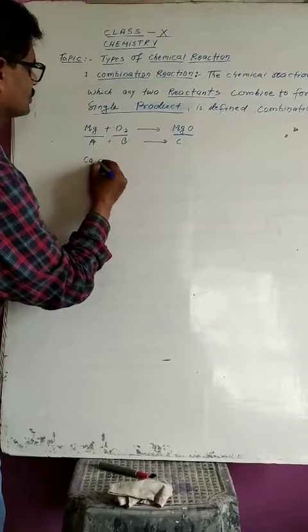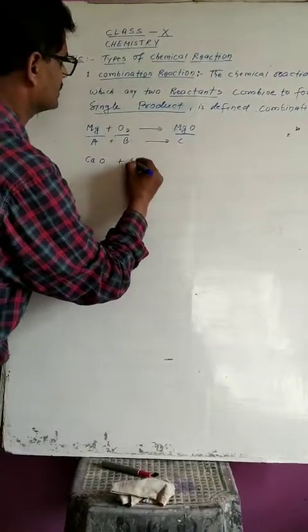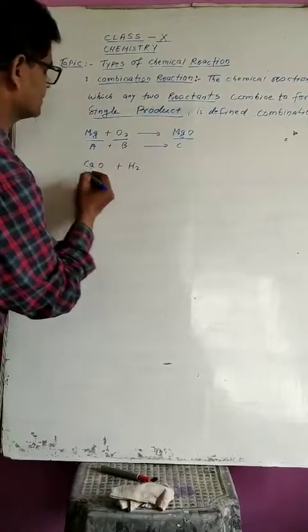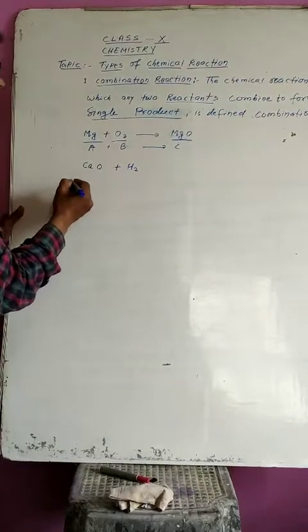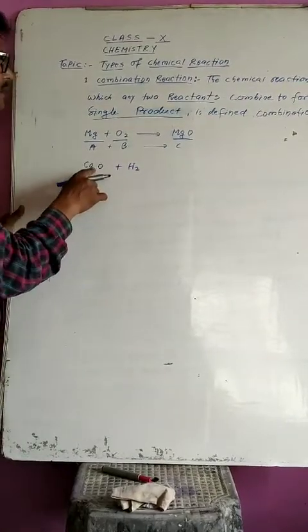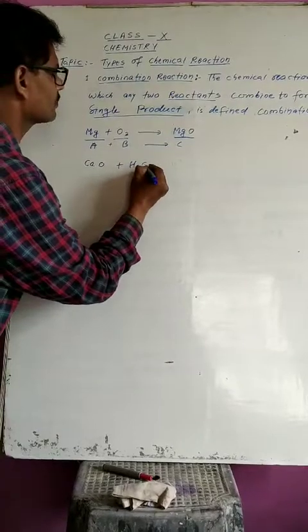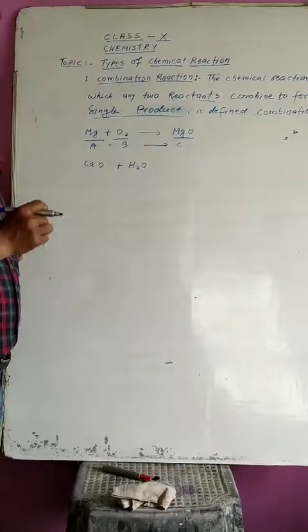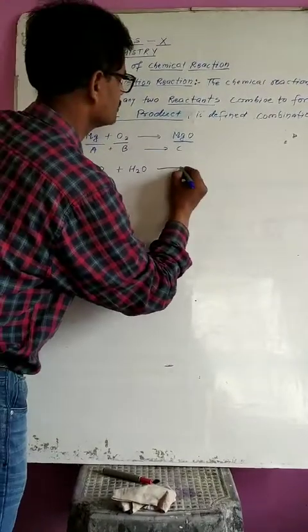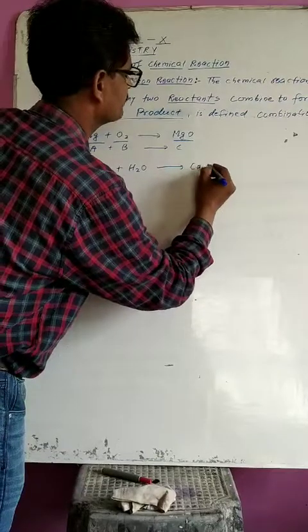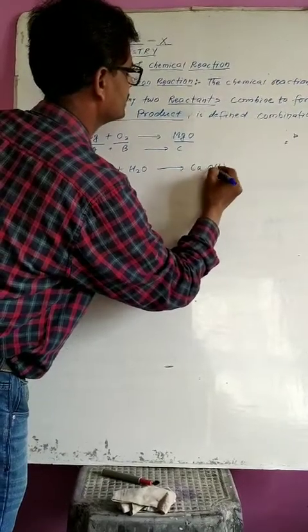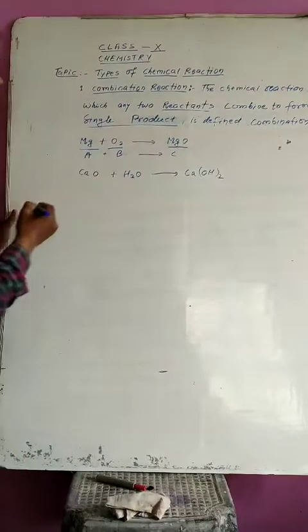When calcium oxide or quicklime is treated with water, it forms calcium hydroxide.